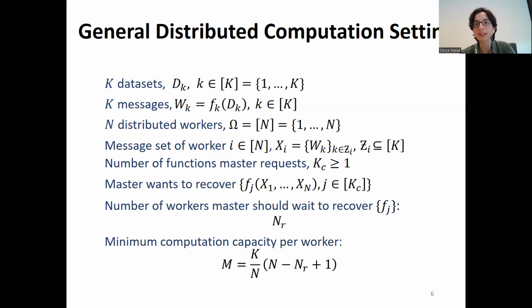Sometimes a subset of servers is sufficient to recover the desired functions, and this becomes important in settings where we need to deal with stragglers. And here we also have a minimum computation capacity per worker, given by the notation N. This describes the set of messages that are included in a given worker. So these are the parameters that I will have in most of my slides.